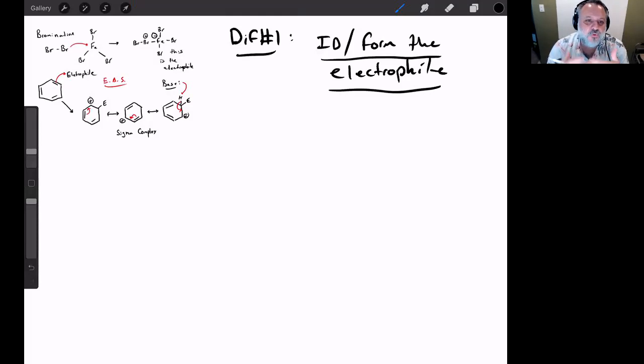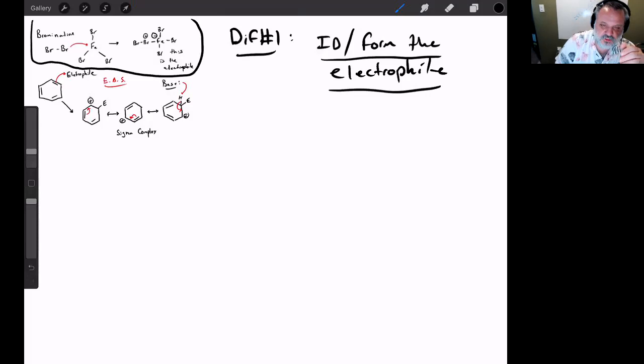And that means forming the electrophile is different. That's going to be one of the main differences in all of these mechanisms, is how we form the electrophile. I showed you how we form the electrophile for bromination, and I'll show you how we form the electrophile for all of the reactions. That's something you want to make sure you're studying as part of the reaction mechanism. How do we form the electrophile?